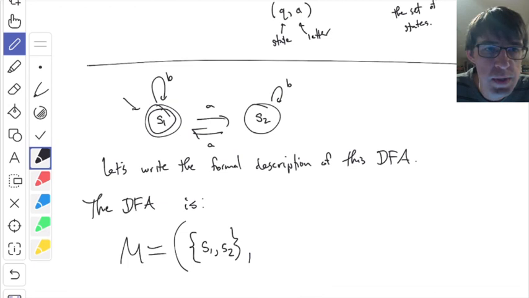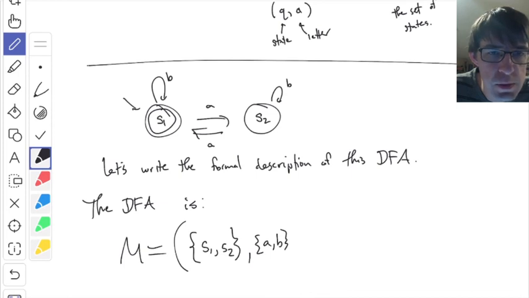It begins with the set of states. Next is the set which is the alphabet. What's that going to be? Is it just A and B? Yeah, it is the set A, comma B. Right? Make sure you put your curly braces in there. If you leave them out, then you can't tell what's what.